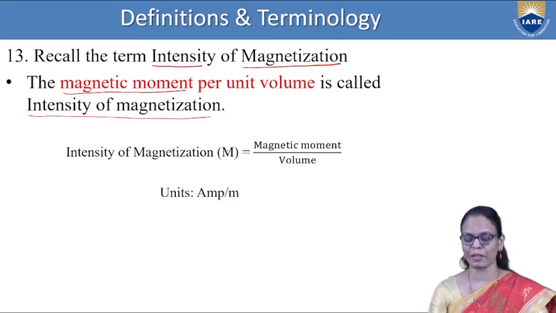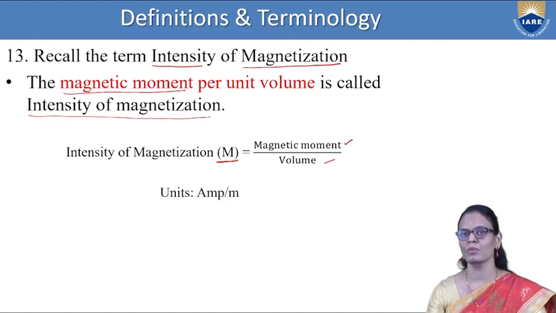It is denoted by capital M, and it is given by the magnetic moment upon volume, and the unit is amps per meter.